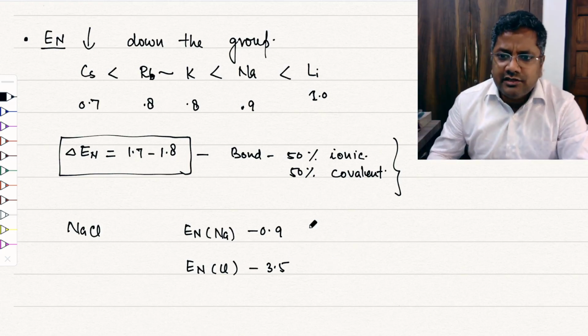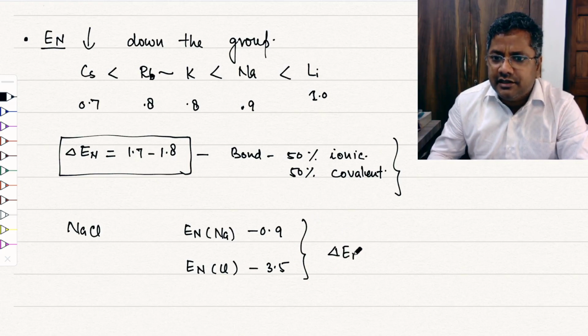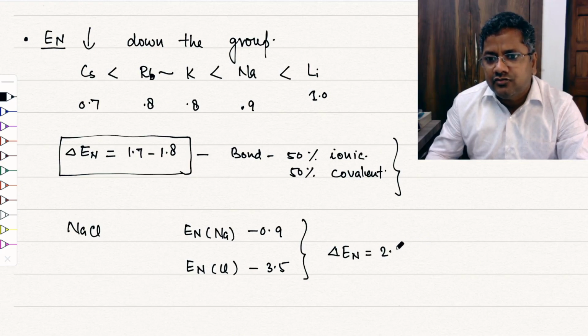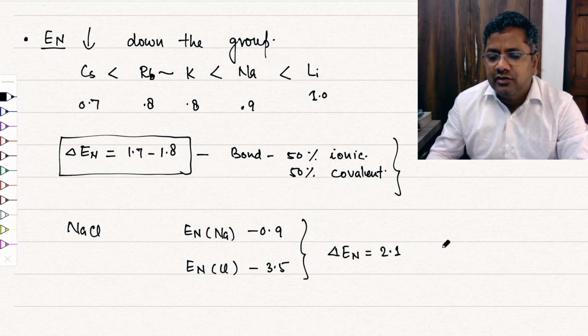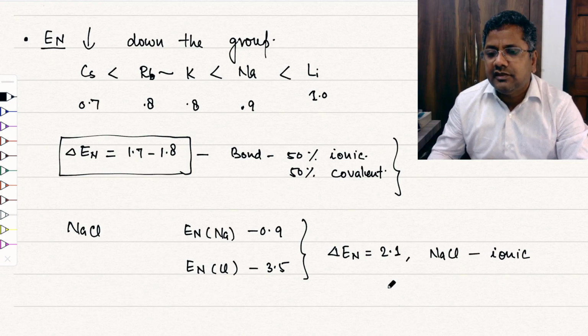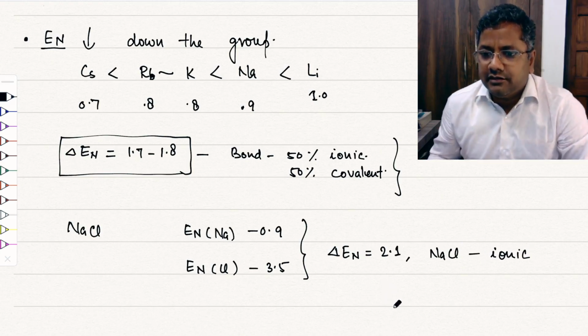So what is the electronegativity difference here? This is 2.1, which is greater than this range. So we can say that sodium chloride is predominantly ionic. Clear to everyone?